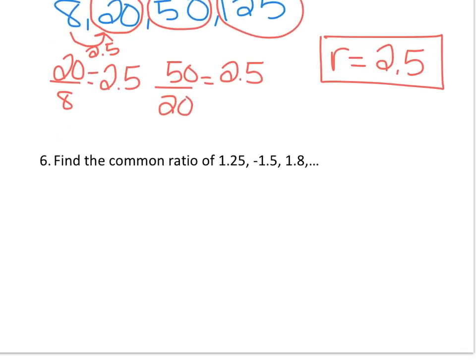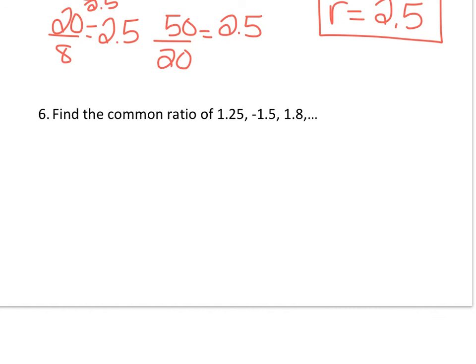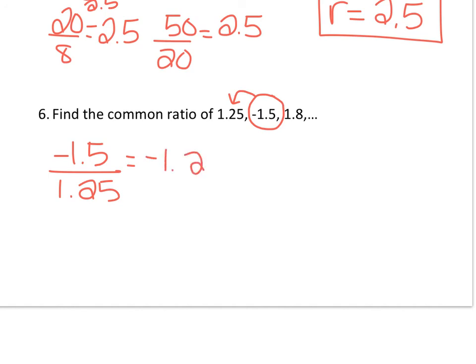Now let's find the common ratio of 1.25, negative 1.5, and 1.8. So we're going to take our second term and divide it by the term in front of it. So negative 1.5 divided by 1.25 is what? It's negative 1.2.